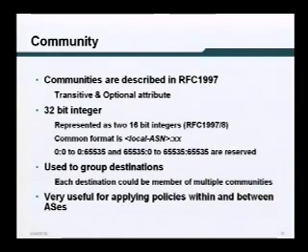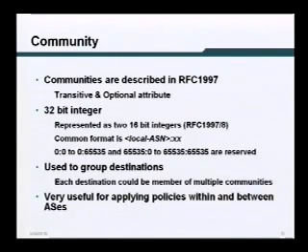It's a 32-bit integer, but because humans aren't very good with 32-bit integers, it's got a nice friendly format as used in RFC 1997 and 1998, which is your local AS number, colon, and then a number between 1 and 65,000, whatever, which you can use for your own uses, which you can specify yourself. There are some reserved communities, so the first and last 65,000 communities are reserved.